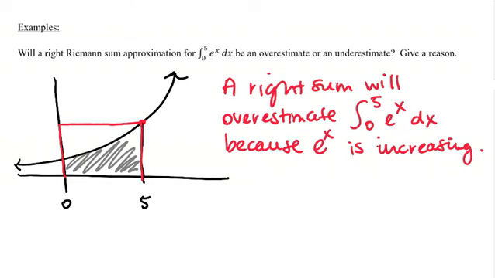And you can just say that e to the x is increasing. You don't have to prove that by taking the derivative and saying, well, e to the x is always going to be a positive number, and e to the x is the derivative of e to the x, therefore it's increasing. You don't really need to do that. I think everyone would agree with you that e to the x is an increasing function.